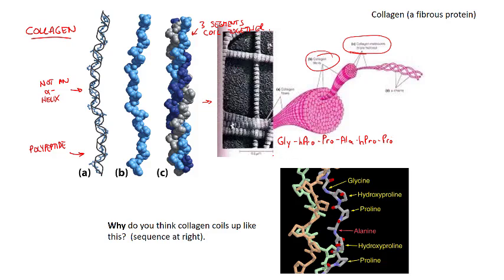Okay, so what are our side chains? Glycine, the side chain is just a hydrogen. Hydroxyproline, it's an aliphatic ring with an OH on it. Proline is just the regular ring. Alanine is a methyl. Hydroxyproline again. Proline again. All right, so we have this repeating pattern.